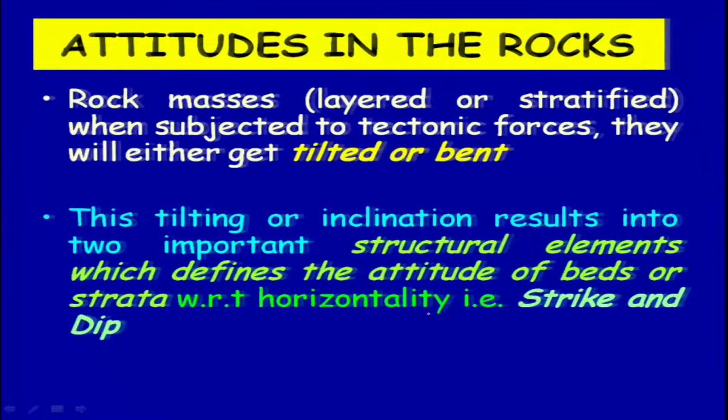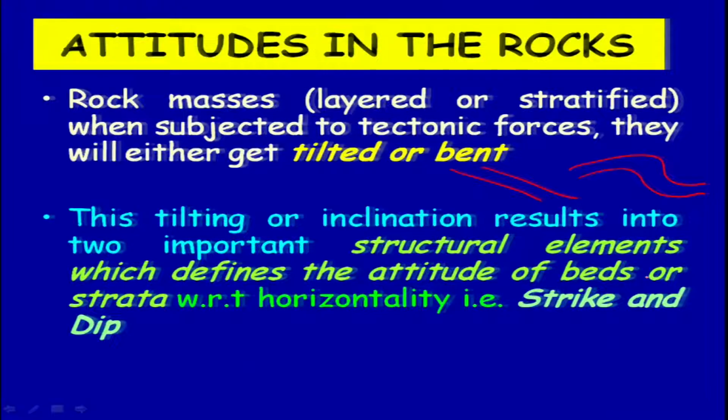So, rock masses or layers are stratified, and when subjected to tectonic forces, they will either get tilted or bent. This is one thing we have to keep in mind, and this tilting or inclination results in two important structural elements which define the attitude of beds.